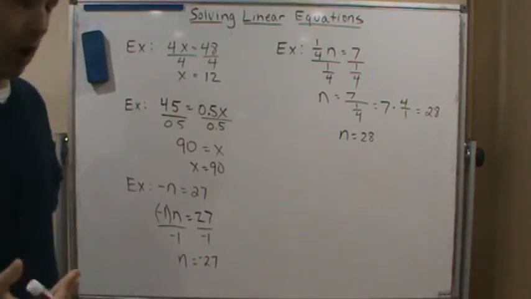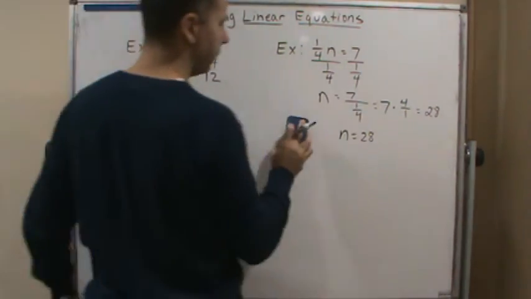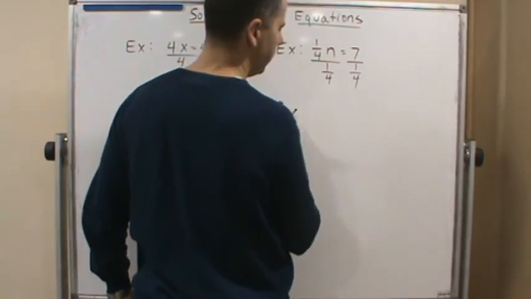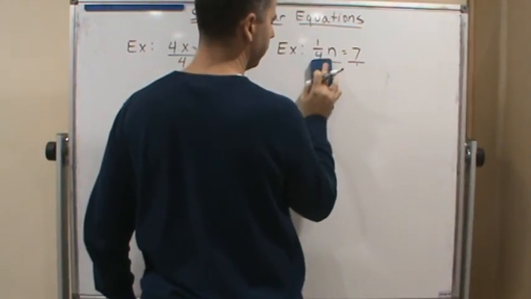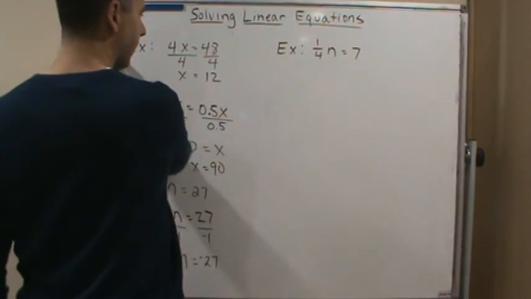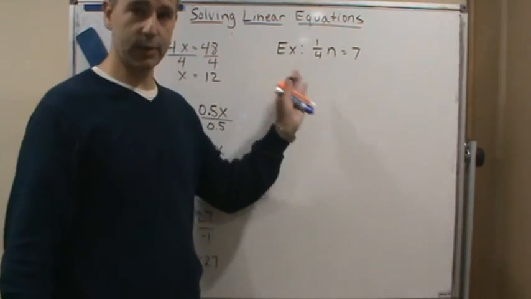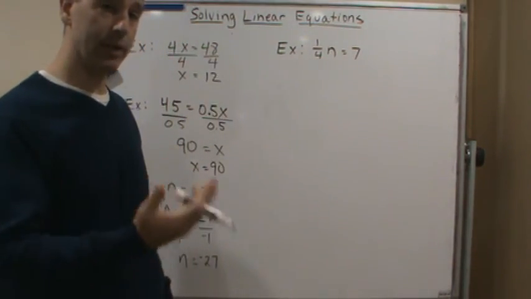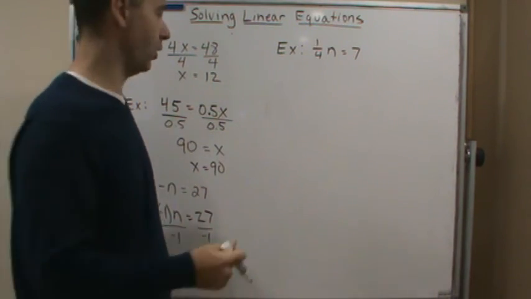Now, I could have also solved it another way. So again, instead of dividing both sides by the coefficient, I can multiply both sides by the reciprocal of the coefficient.